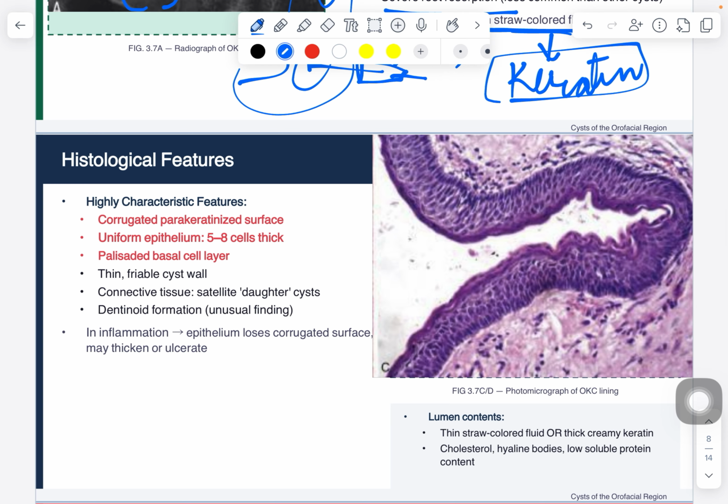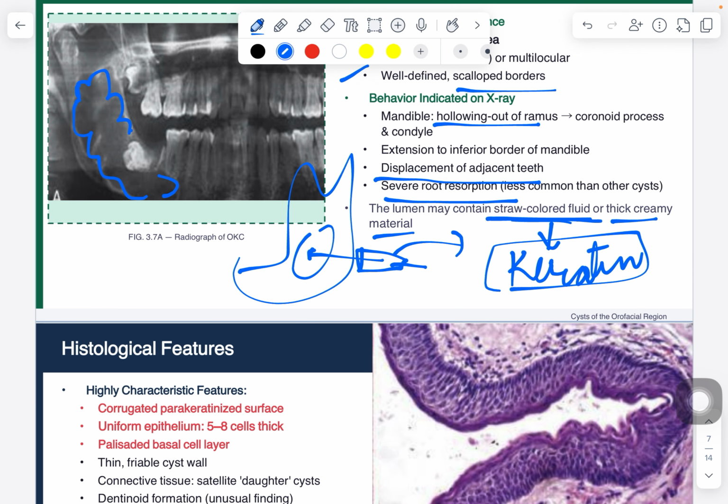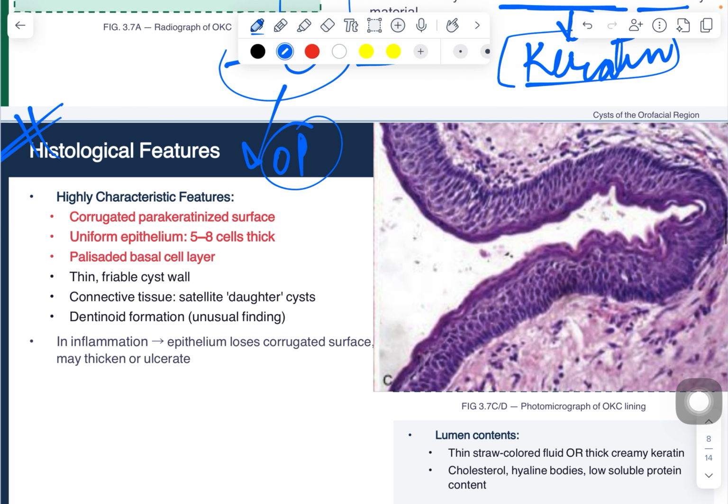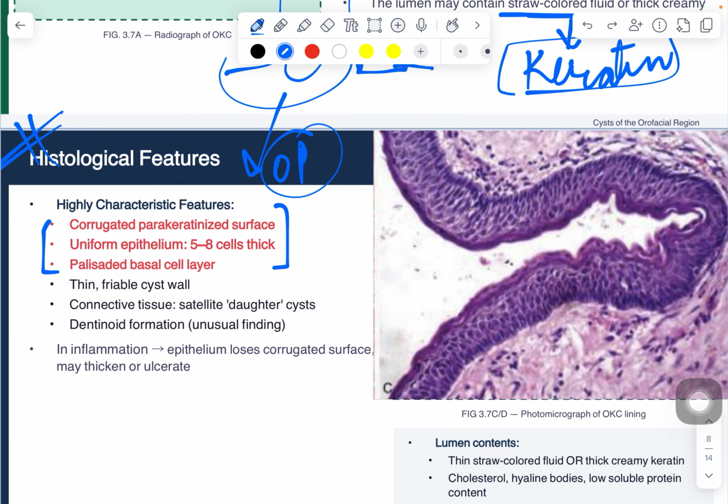Once this aspirate is taken by oral surgery, it is sent to oral pathology for histological diagnosis. Histopath will diagnose it. These three features are the most important. This is the diagram here: corrugated parakeratin surface, palisaded basal cell layer, and uniform epithelium 5 to 8 cells thick.